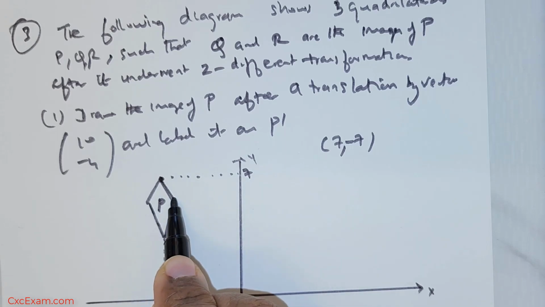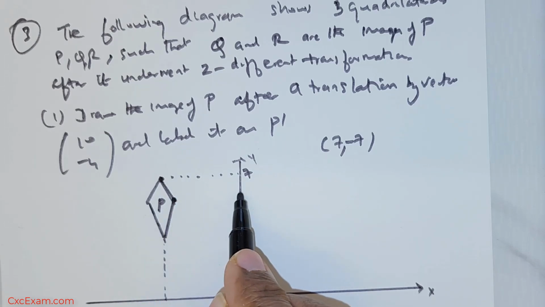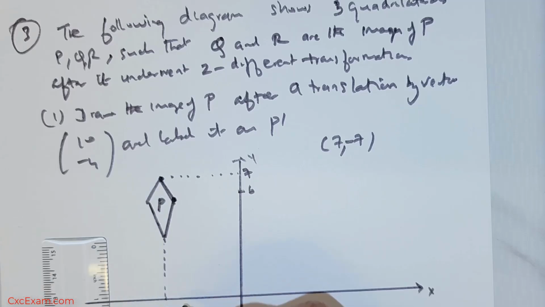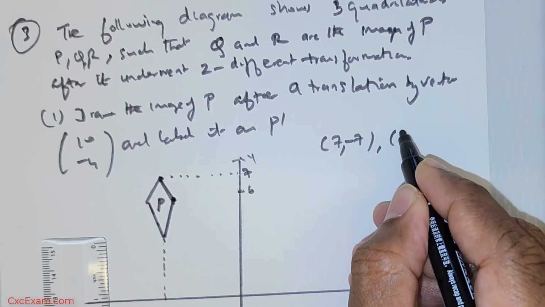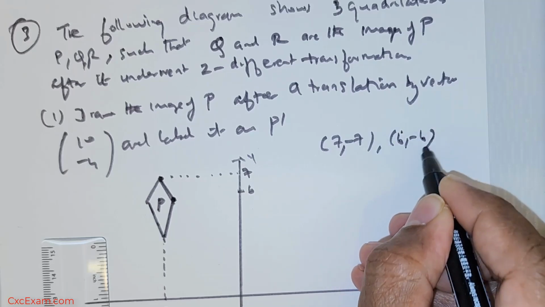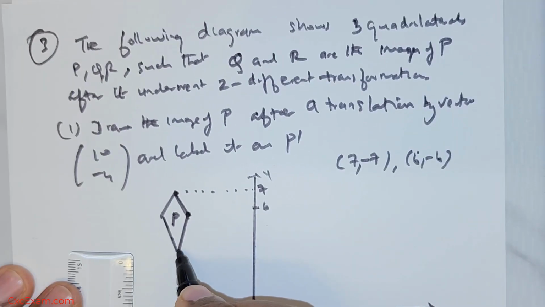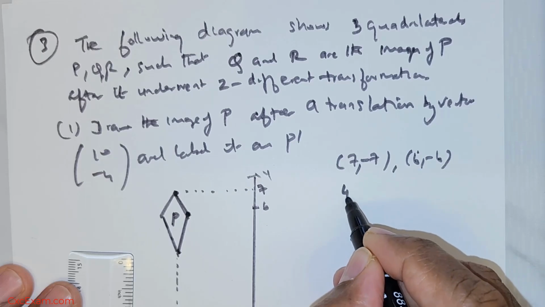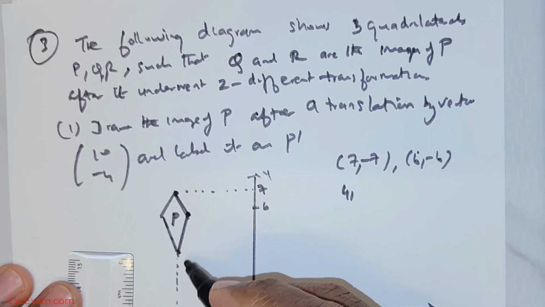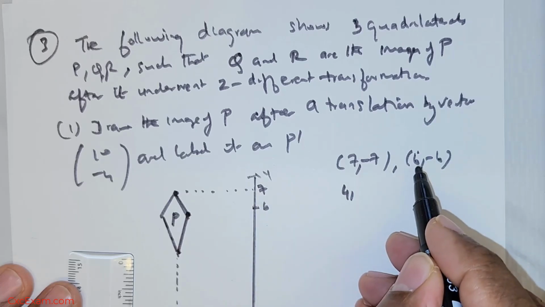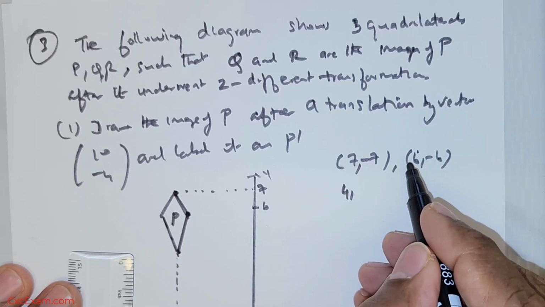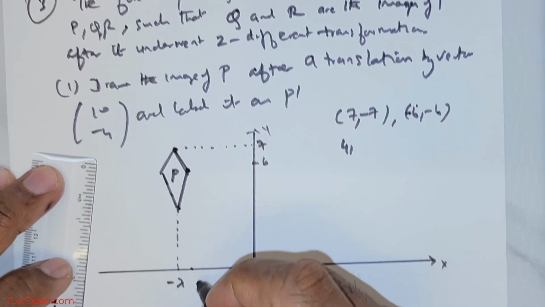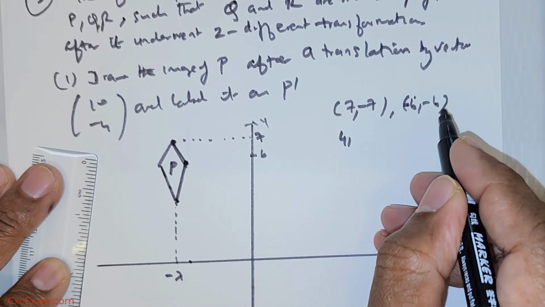Then we go to this point, which is exactly below 7 and it is 6. If I drop the point, it's going to be 6, -6. Next I go to this point. So just one small change. This is actually -6, so the drop is at -6. Okay, so this point is -6, +6.